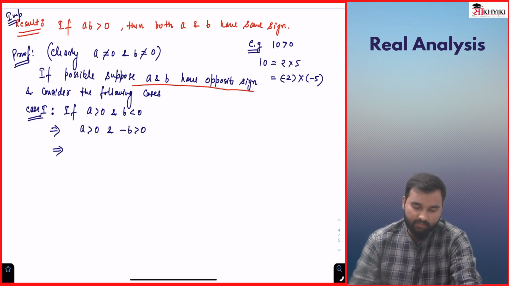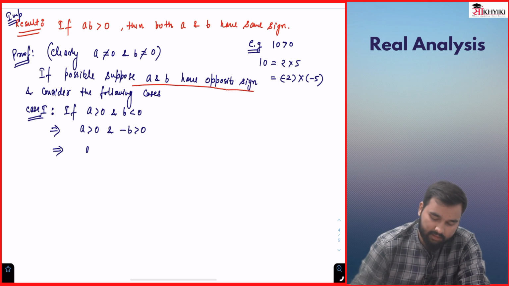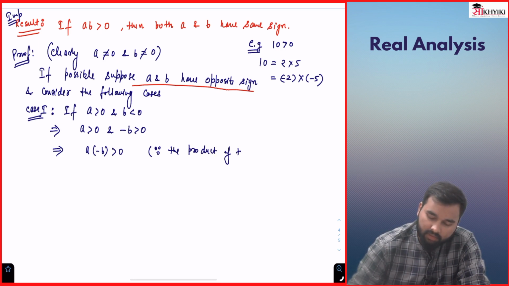Then their product must be a positive real number. What is the reason? The product of two positive real numbers is positive real.